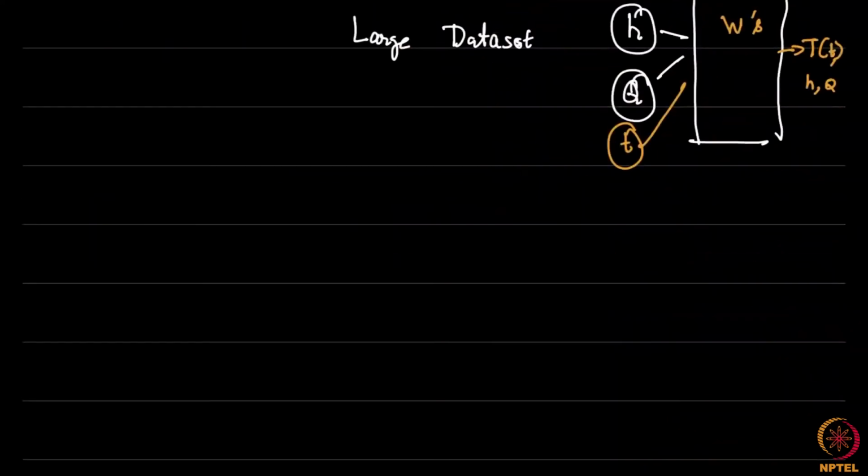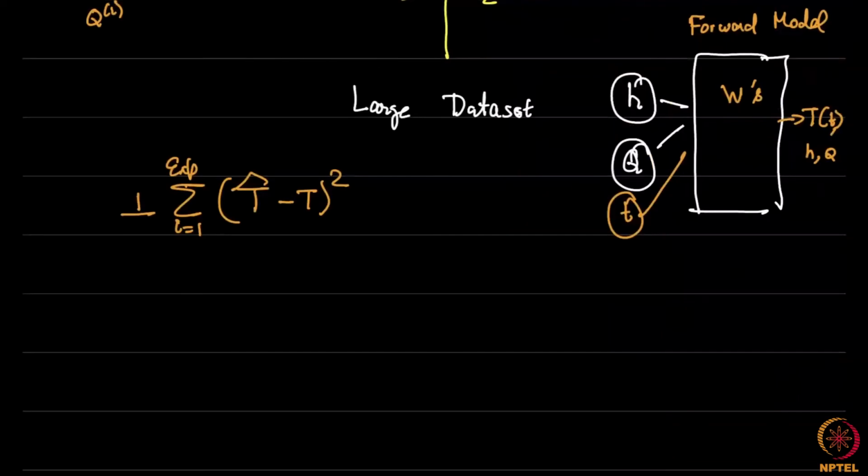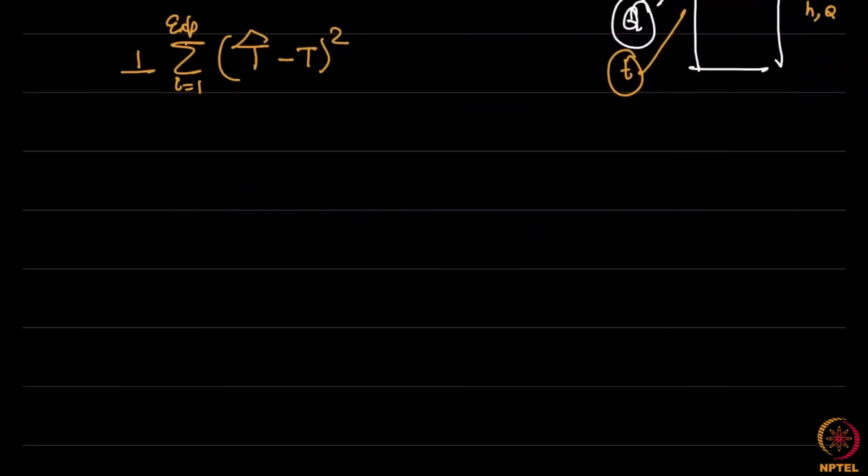So overall, you'll simply still have T hat minus T actual squared, summed over all the experiments and all the individual data over that experiment. You can basically just collect all these together and mix and match them into a single bag. Okay, so once you put all that together, you get this model. You get W's of this model.